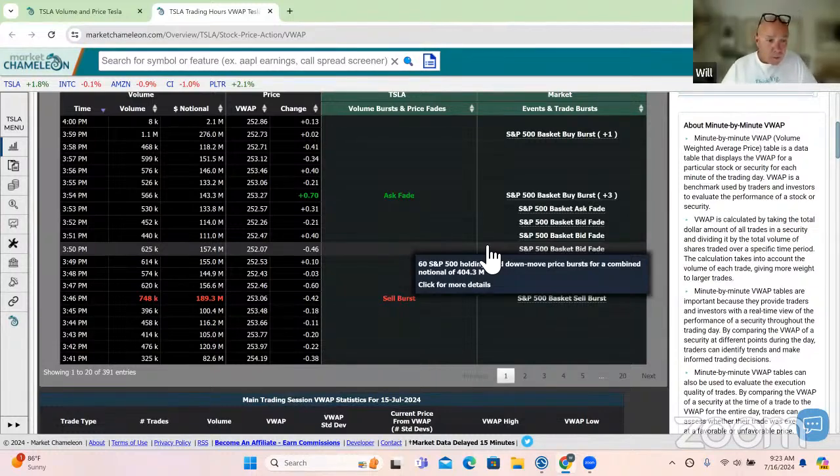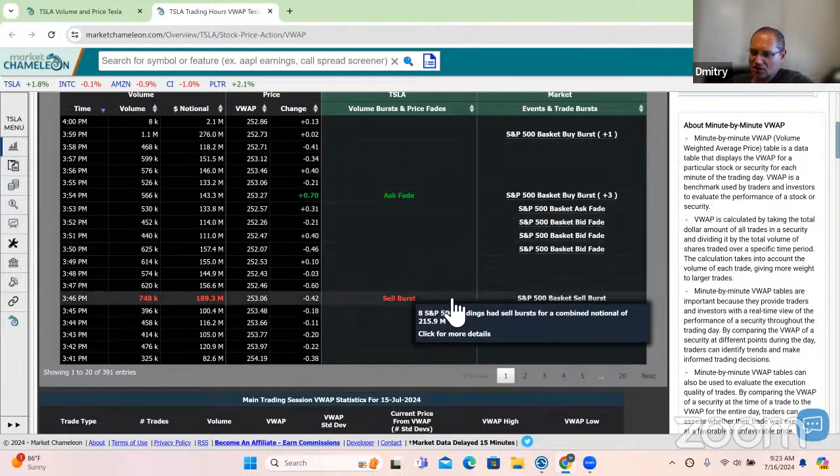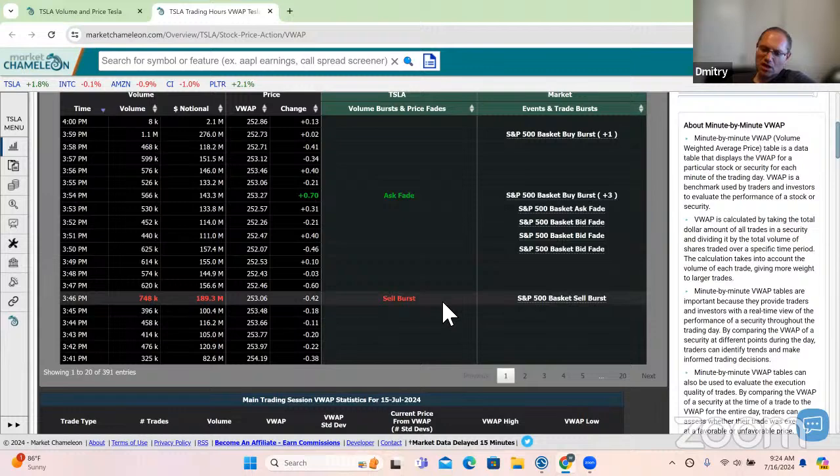And part of it is, like you see here, that you can't treat every burst as equal. That's what I'm trying to point out here. Not every burst is equal, just like not every volatility event in the market is equal, right?